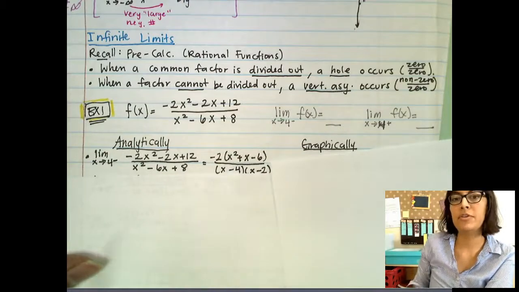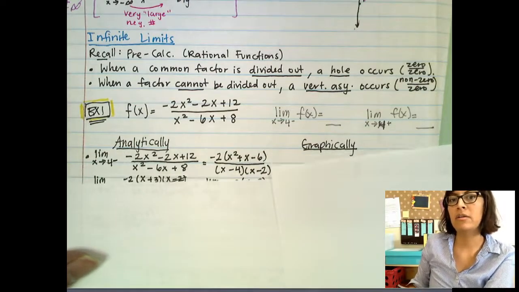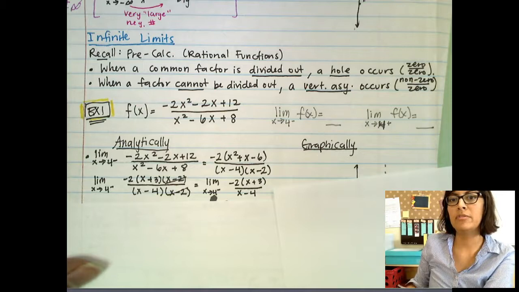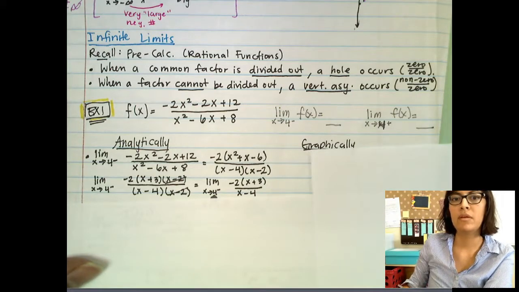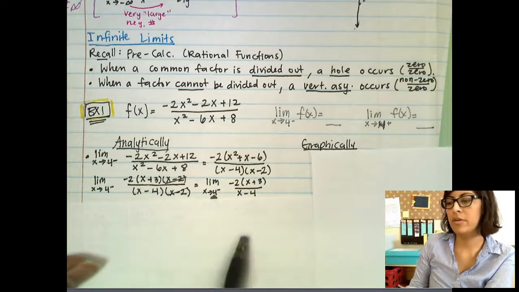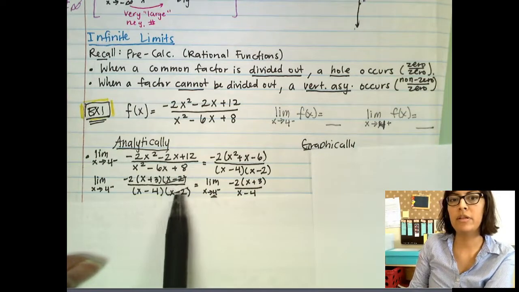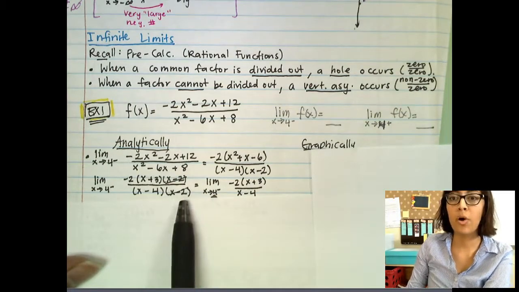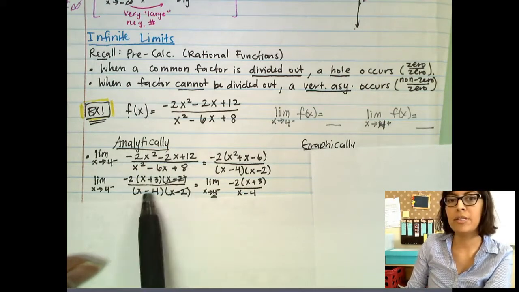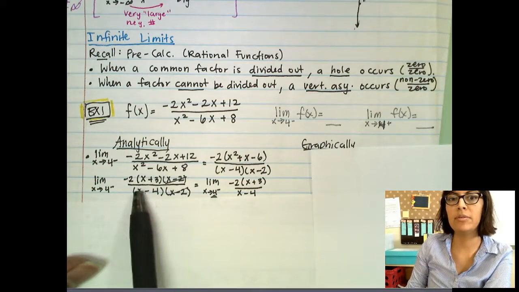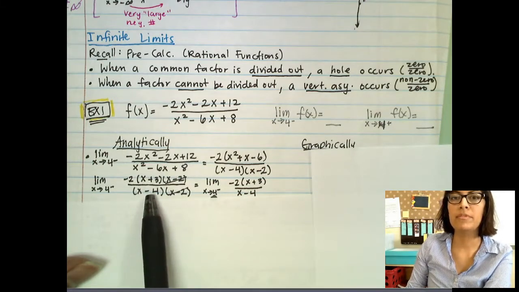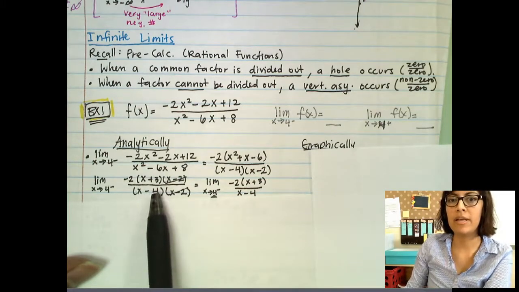We can factor the numerator as well. At the numerator, one factor cancels out. This is where there's a hole, at x equals 2. This other factor was not divided out, so there's going to be an asymptote right here.